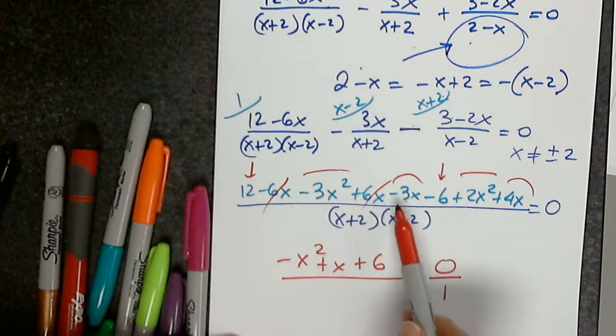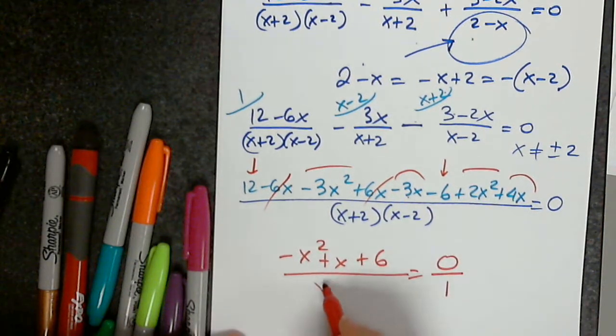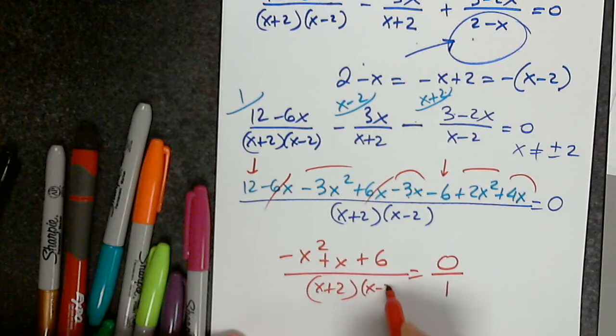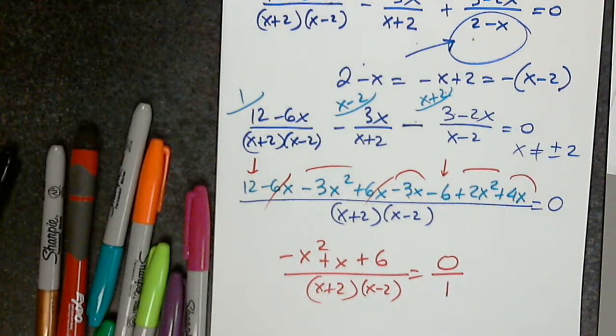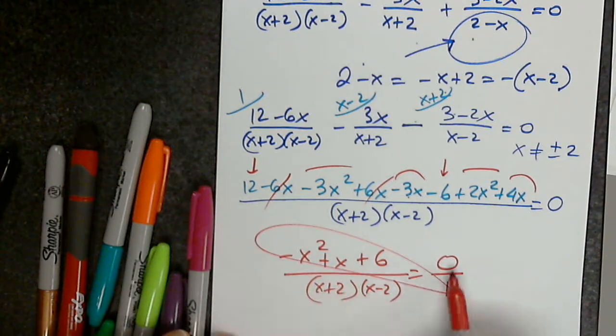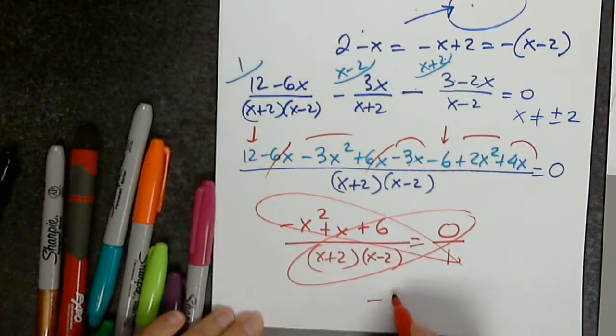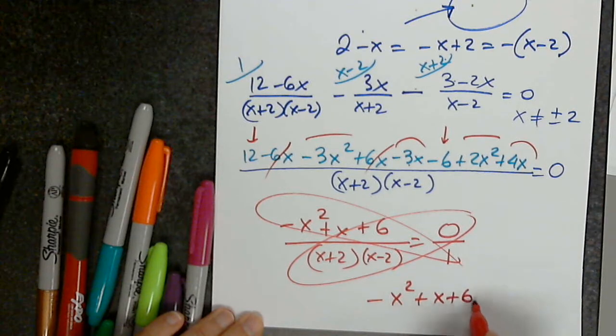I'm checking again. Everything is accounted for. Did we get this? Okay, so now cross multiply. So from here I have negative x squared plus x plus 6 equals 0.